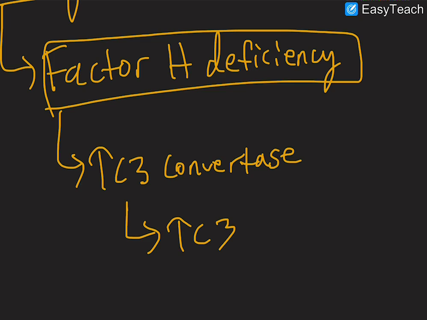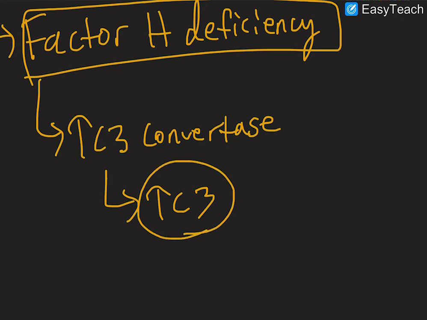So if you have a lot of activation and cleavage of C3, what does that lead to? An increased amount of C3 can start depositing into the glomeruli of your kidney. And if that happens, of course, we know that can lead to immune complex formation too.